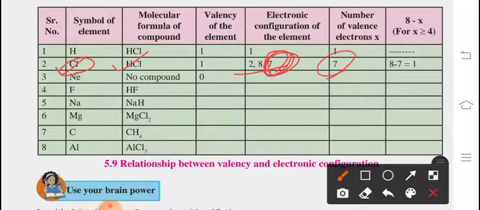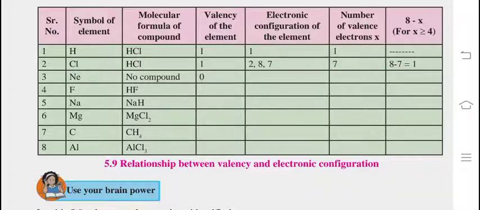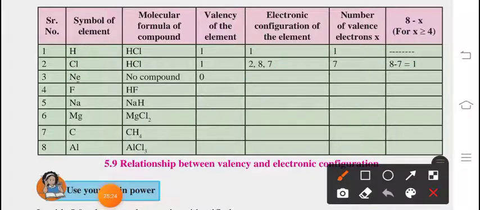Okay, and this 7 is greater than 4. So we can write 8 minus 7 as 1. Now we have to make a compound with neon. Neon with hydrogen, there is no compound formation, there is nothing like HNe, so no compound is there.